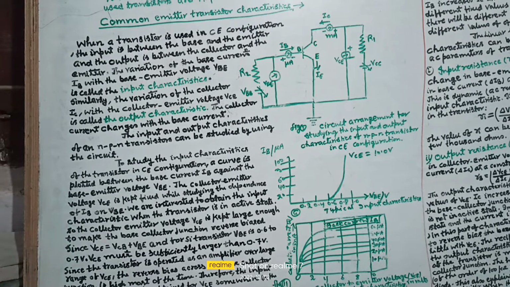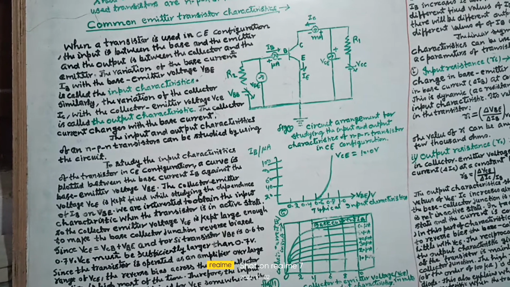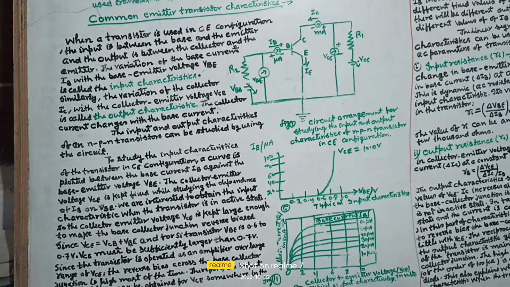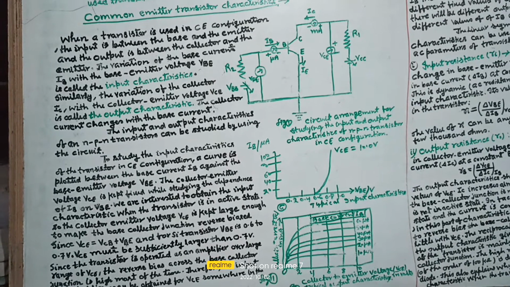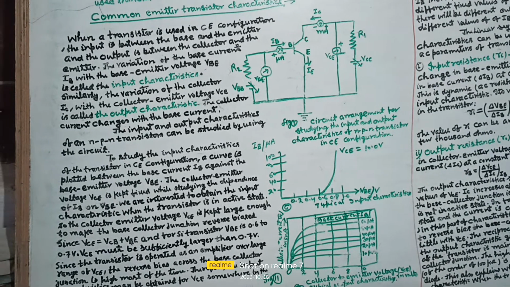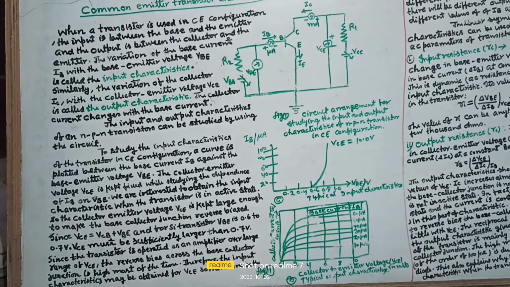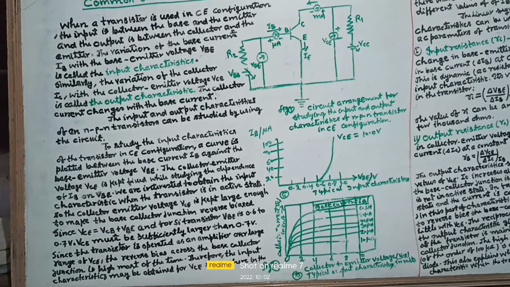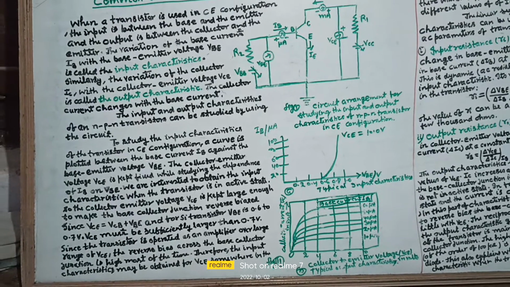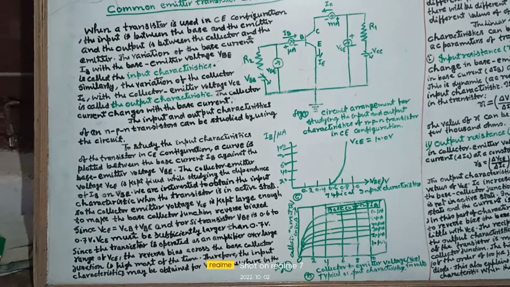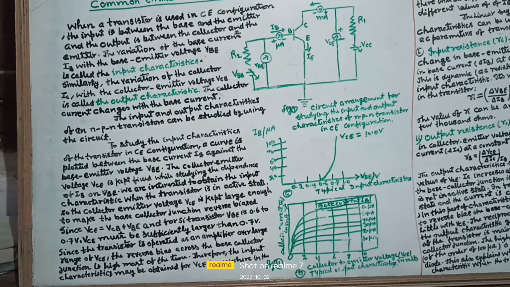So, the collector emitter voltage VCE is kept large enough to make the base collector junction reverse biased. Since VCE equals VCB plus VBE, and for a Si transistor VBE is 0.6 to 0.7 volt, VCE must be sufficiently larger than 0.7 volt.